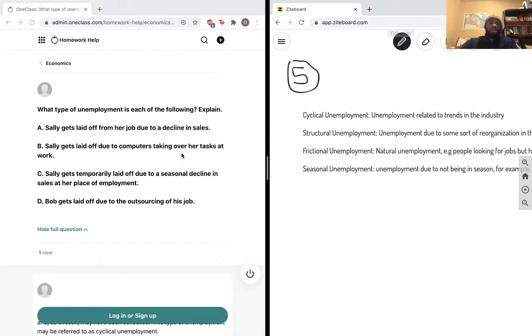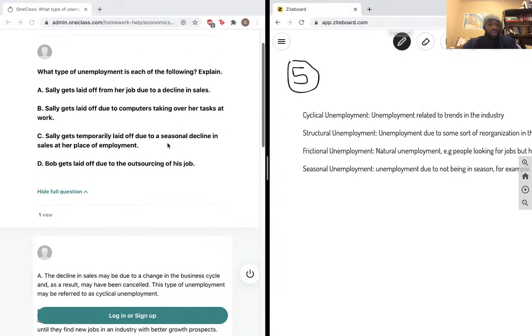So with that being said, let's look at some of the questions here. Sally gets laid off from her job due to a decline in sales. See what our tutor said. A decline in sales may be due to a change in the business cycle. As a result, her job may have been canceled.